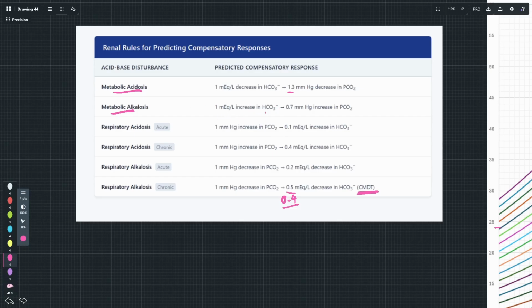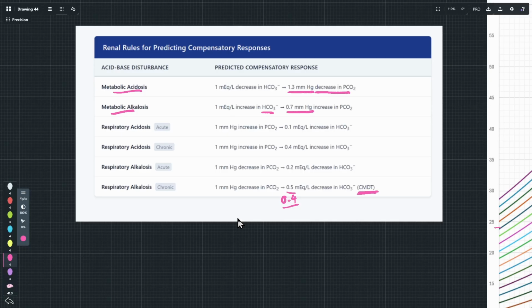In metabolic alkalosis, the alkali reserve HCO3 will increase, and to compensate for that, the acidic gas will also increase. But here you try to understand the difference. In metabolic acidosis, there is a very sharp decrease or fall in PCO2, but in metabolic alkalosis, there is a very little increase in PCO2. Why is it like that?